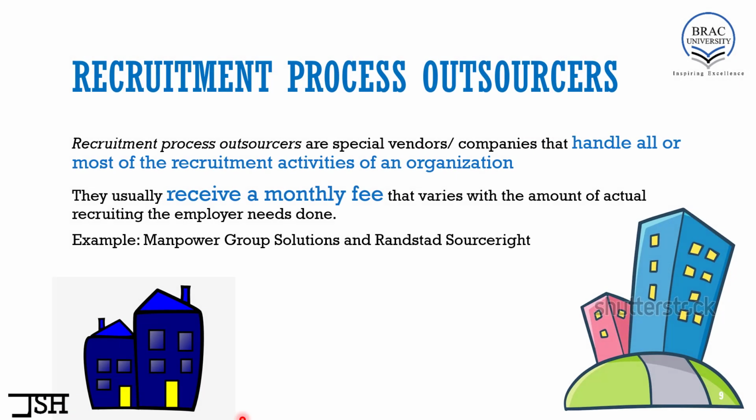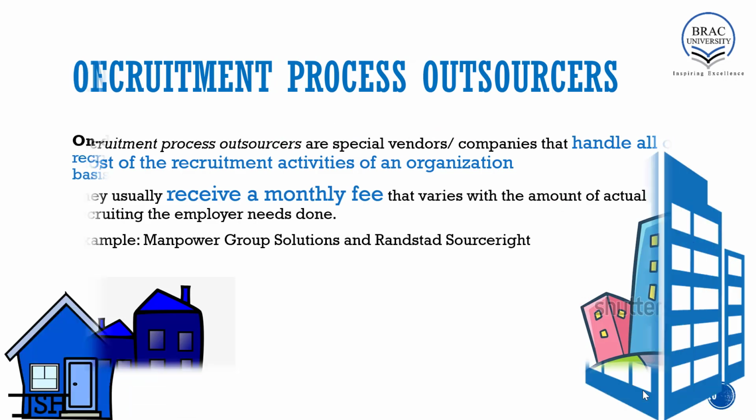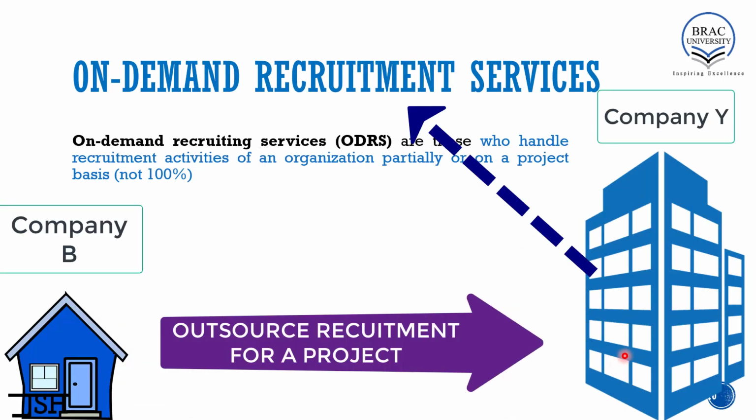In the earlier case, company Z did the majority of the recruitment task of another company, and company Z was called a recruitment process outsourcer. On the other hand, company Y is not doing all the recruitment activities of another company, rather doing the recruitment activities of one single project or on a project by project basis. And these types of companies are called on-demand recruitment service providers.